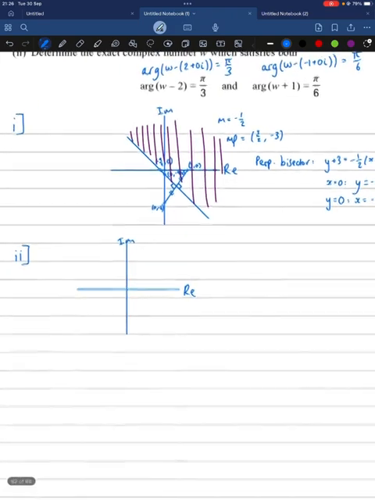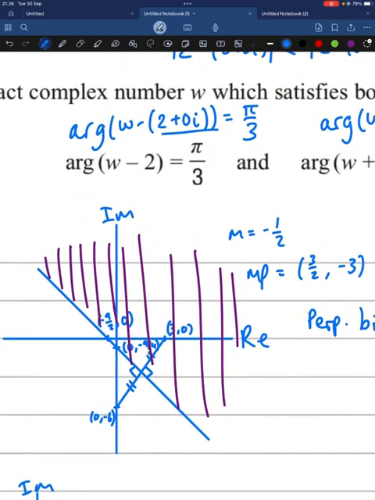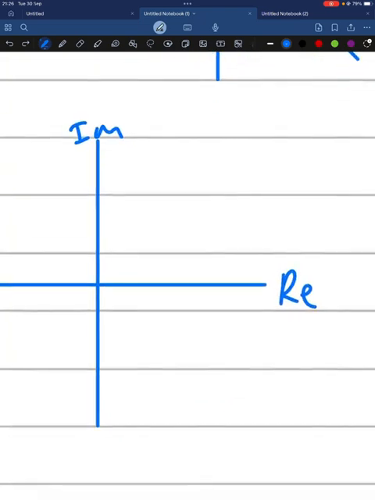Real, imaginary. Okay, so this point is going to be from 2, 0 and have an angle of pi by 3, which is 60 degrees. So from 2, 0, a half line with an angle of 60 degrees, something like this.